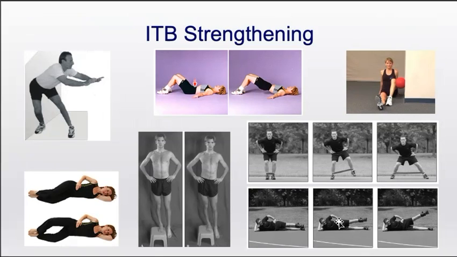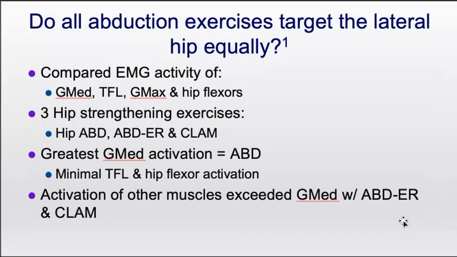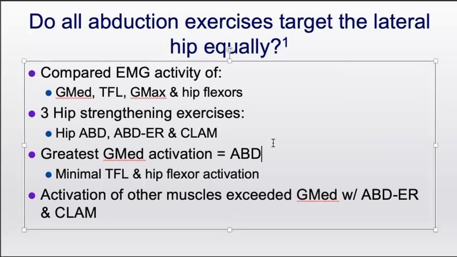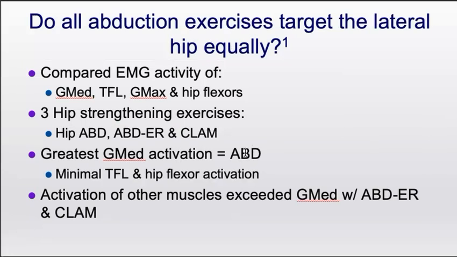And the hip abduction with external rotation would be if this individual had their foot fully externally rotated, that's creating an external rotation at the hip. Okay? So with strict abduction of the hip, you had minimal activation of the tensor fasciae lata and minimal activation of the hip flexors. Okay.